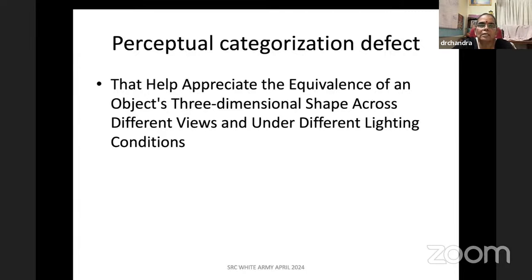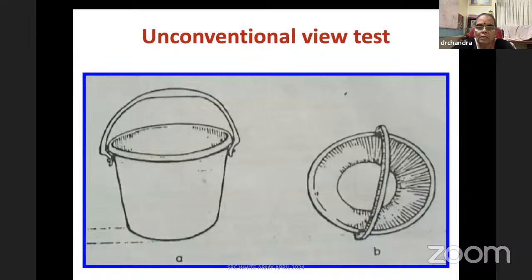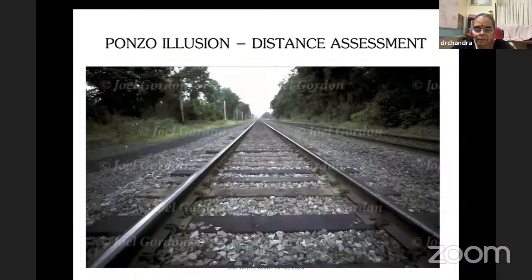Perceptual categorization defect helps to appreciate the equivalence of an object's three-dimensional shape across different views and under different lighting conditions. So how are you going to test? This is the bucket. As I said, the unique feature is categorized, like the neck of a giraffe or the handle of the bucket.